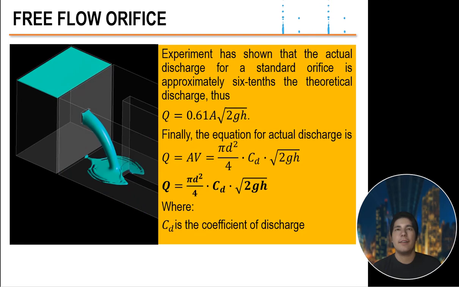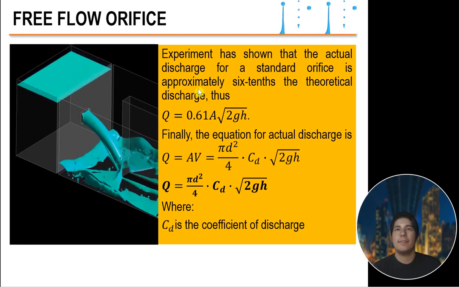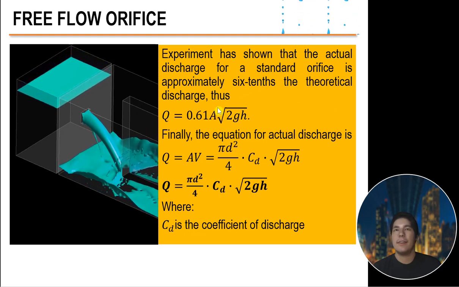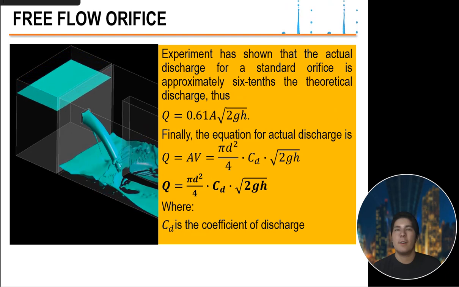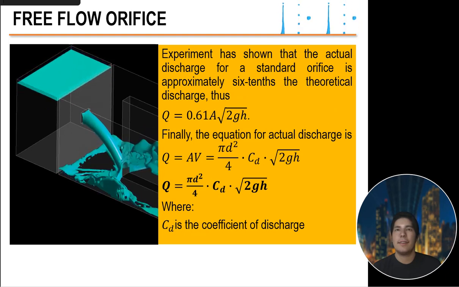So experiment has shown that the actual discharge for a standard orifice is approximately 6/10 the theoretical discharge. Thus, Q is equal to 0.61 A square root of 2gh.